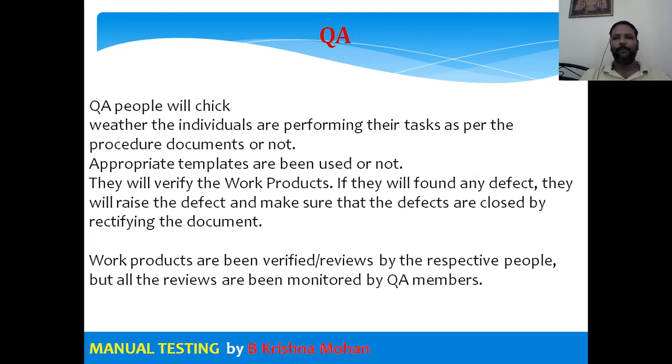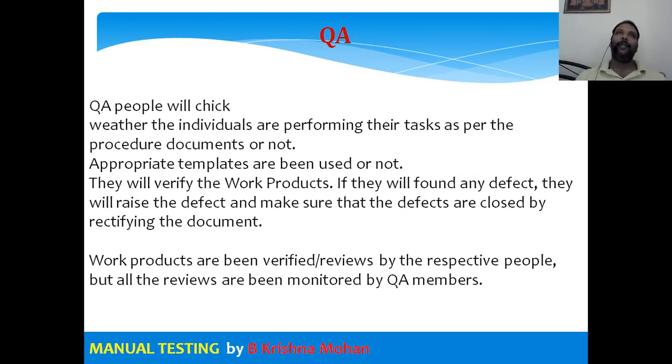They will raise a defect, and that will be informed in a documented way to the author of the document. For SRS, who will be the author? The system analyst. So that system analyst has to close those defects, meaning he has to rectify the document again. It has to be shown what the correction is. He has to do the correction.